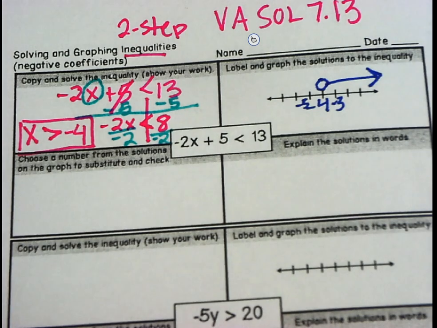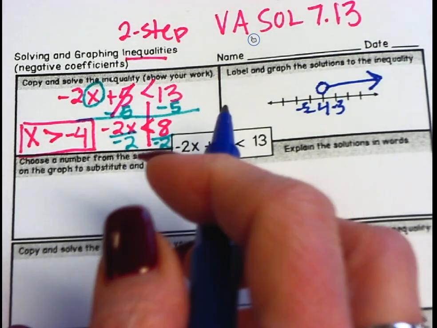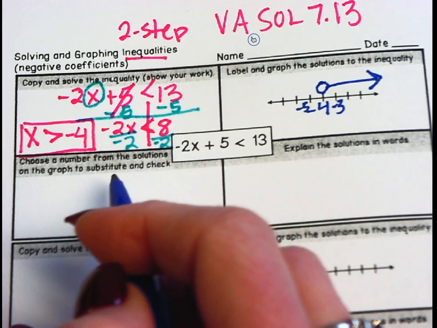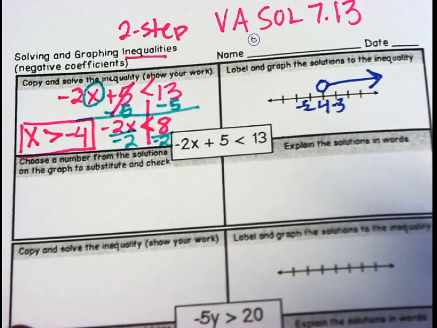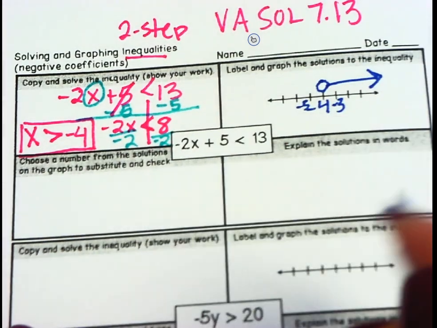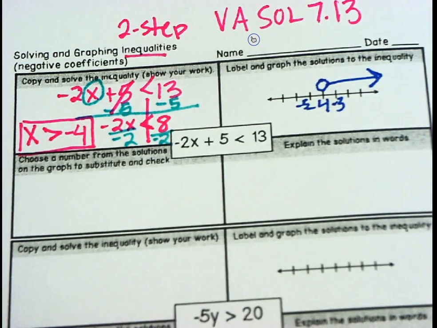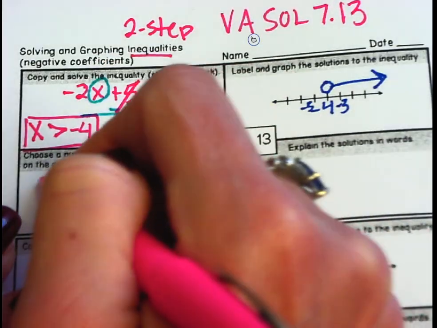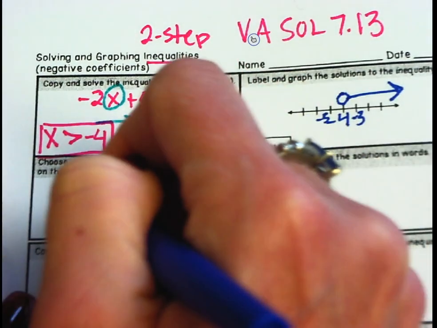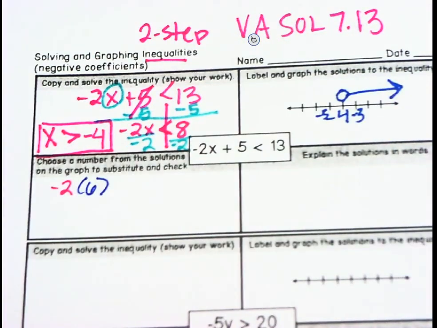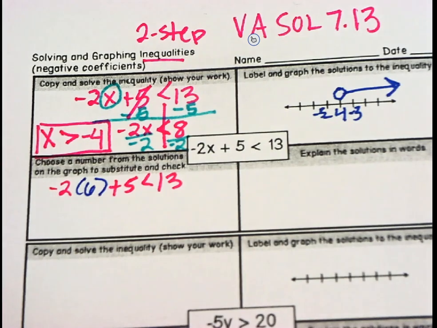Okay, so now we're going to pick a number from the solutions on the graph to check. Marquise, what's a number that would work? What's a number that's greater than negative 4? 6. Okay, definitely 6 is. So I'm going to take my original inequality, negative 2, and I'm going to plug in 6 plus 5 is less than 13, and I'm going to see if it's true.